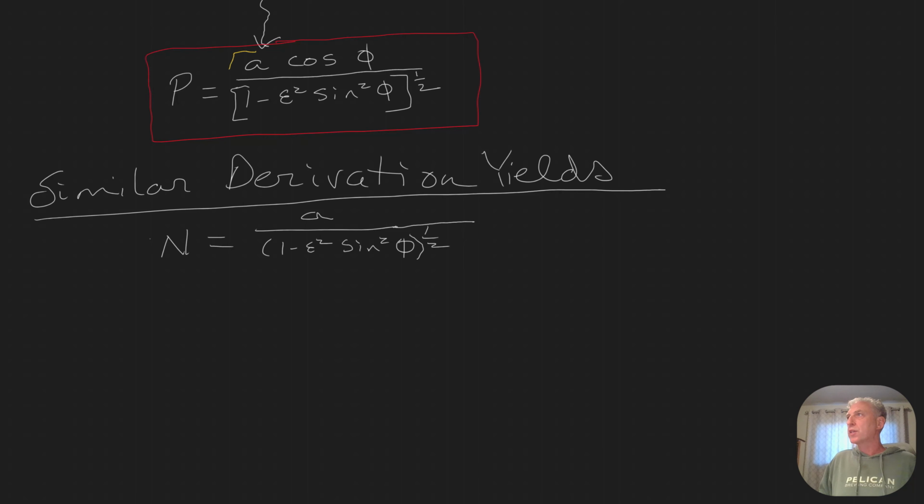Look at this part here. The a over, forget about the cos phi, look at the rest of it. Isn't that identical to n? So that p becomes n cos phi. Much prettier, much nicer than the mess above, right?